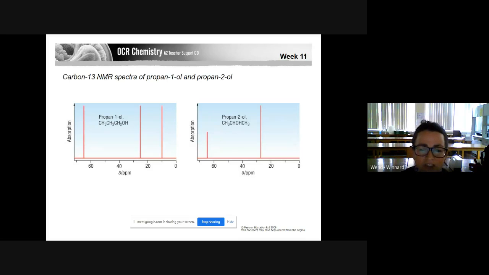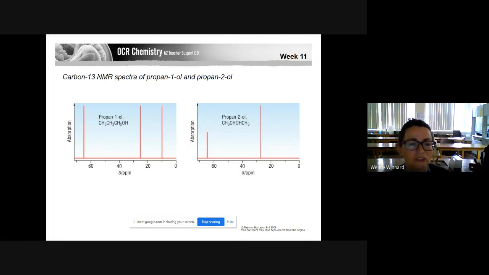I'd like you to quickly sketch either propan-1-ol or propan-2-ol. I can't see you doing it, obviously, but I'm going to show you the next slide to see if you got it right. So could you sketch down propan-1-ol and propan-2-ol?